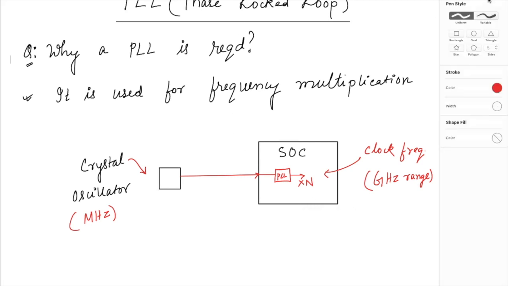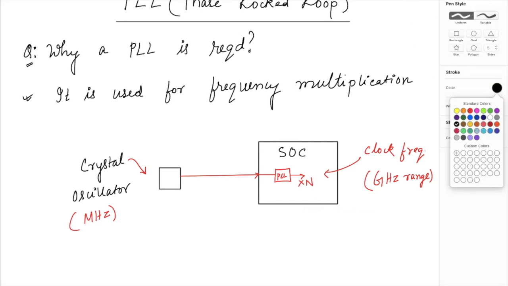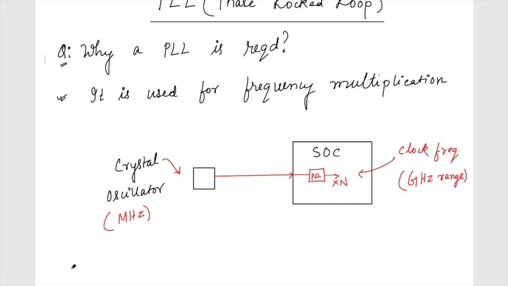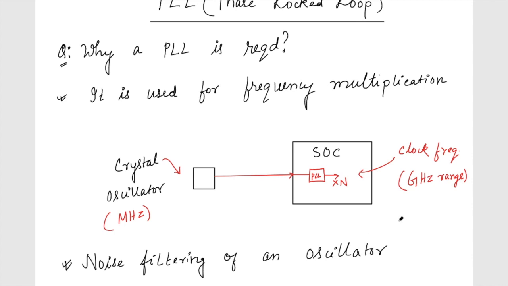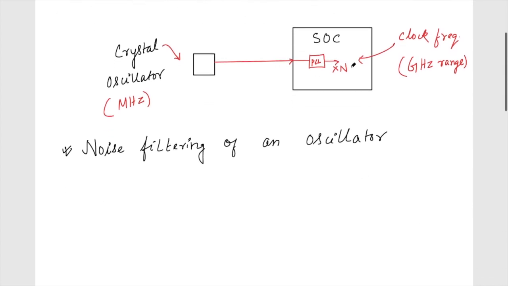So the other application of the PLL is noise filtering of an oscillator. Even if I build an oscillator, there are different kinds of oscillators. We know from basic electronics classes that there may be a phase shift oscillator.